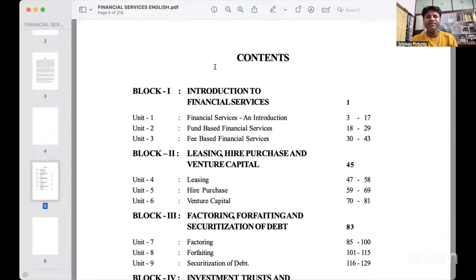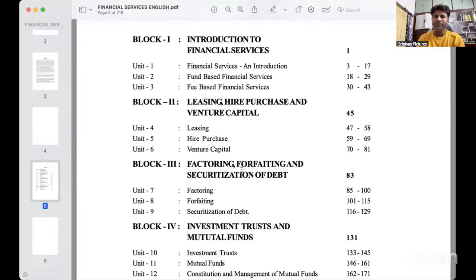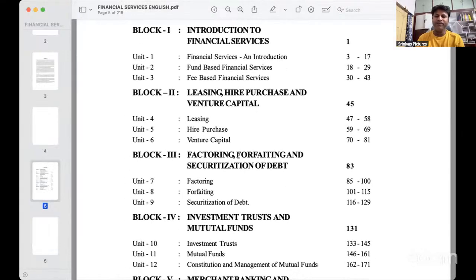These financial services we classified into two categories, fund-based financial services and fee-based financial services. Fund-based I already explained: leasing, hire purchasing, and venture capital. And factoring, forfeiting, and securitization, which I explained today, are fee-based.